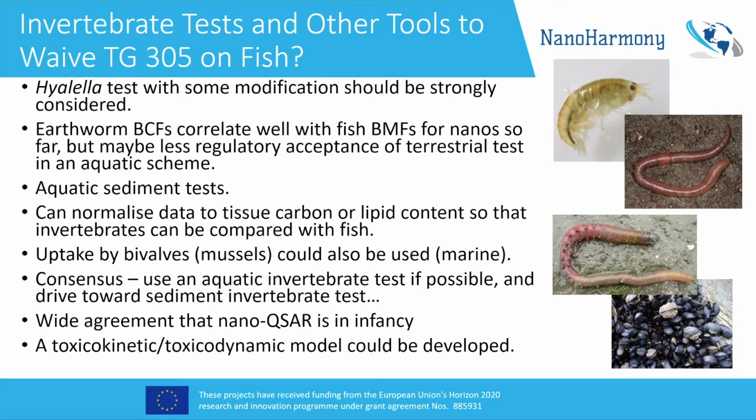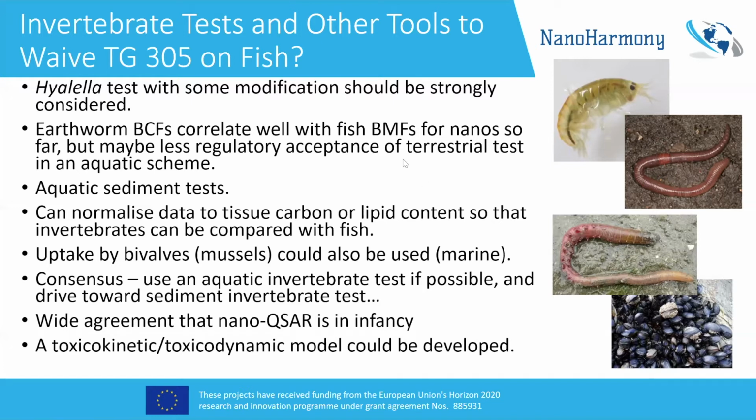There was a discussion around various invertebrate species. We know that there's a Hyalella test, which is a freshwater amphipod that seems to be a good test organism. There's also earthworm tests that give fairly good correlations.